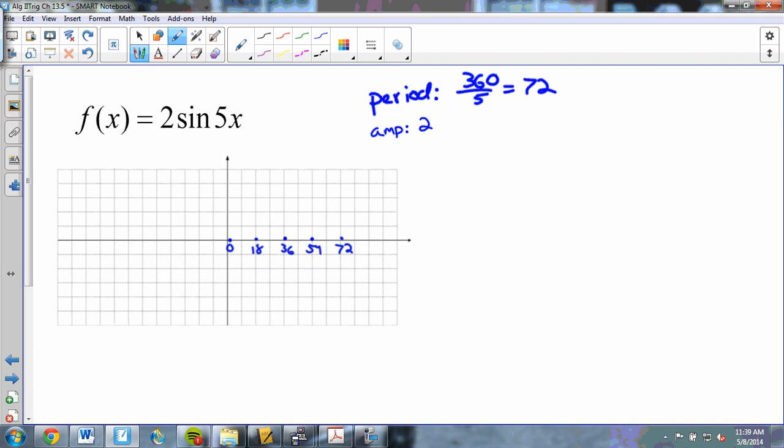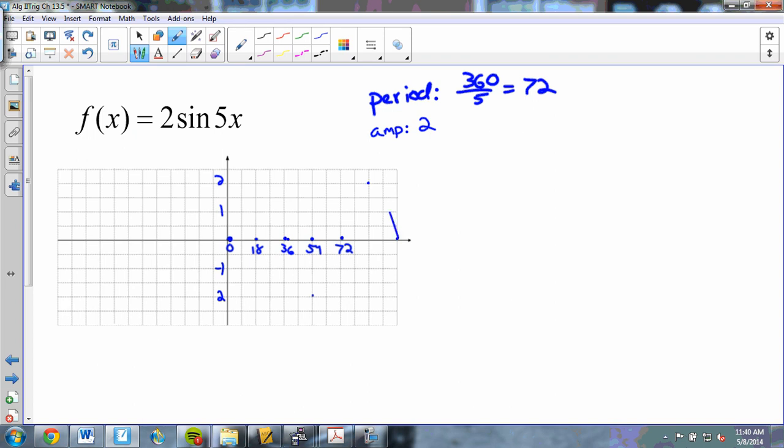So I'm starting at 0, sine functions start at 0, but now I'm going to go up to 2 and down to 2. And you can start thinking in patterns. Sine goes middle, high, middle, low, middle, high, middle, low. So middle, high, middle, low, middle, high, middle.